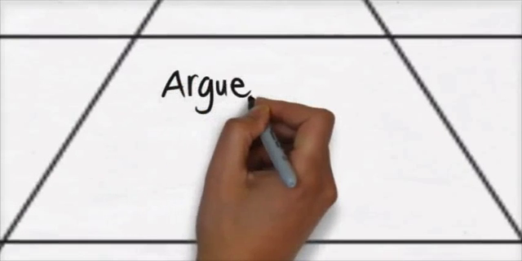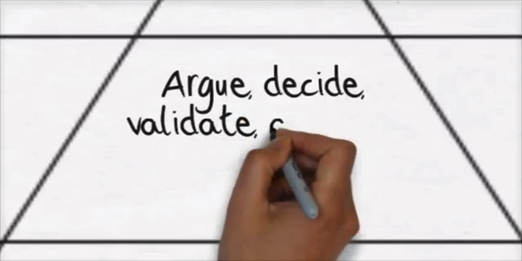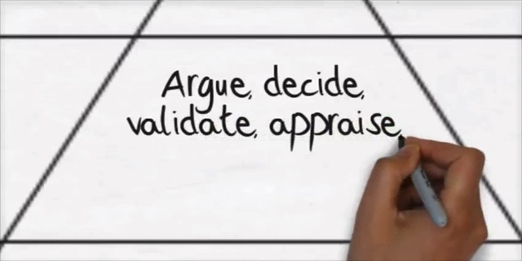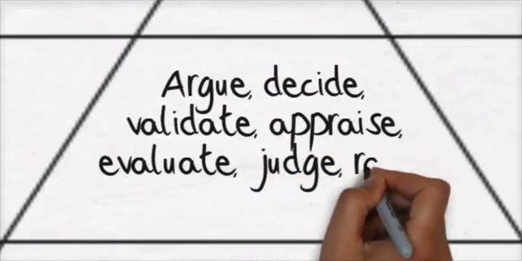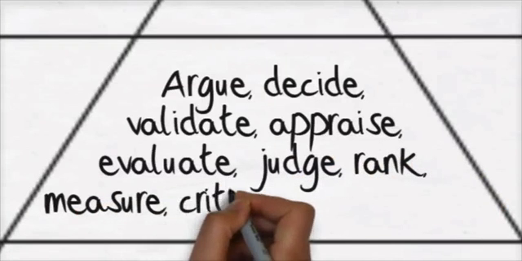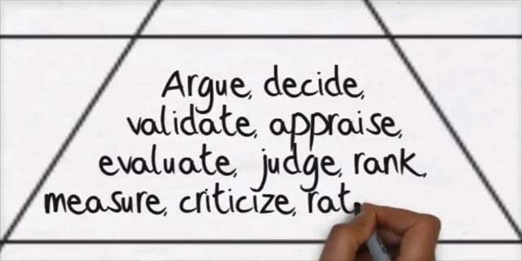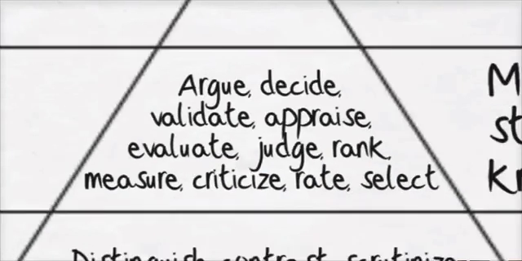Now, when we get into this level, we're asking students to do things like argue, decide, validate, appraise, or evaluate. Then we may ask them to judge certain things or rank certain things in order. But in any case, this is sort of the evaluation level that we're asking students to get to.